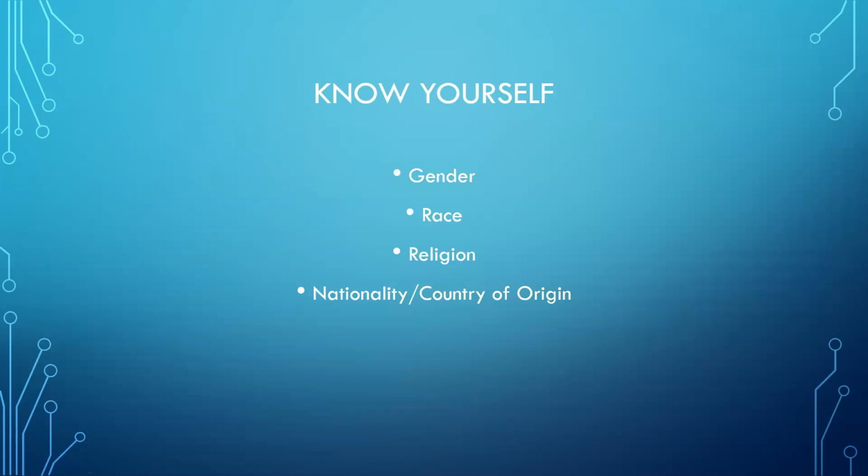When we talk about culture and look at these cultural traits, it's important to know a little about yourself before you jump into this. People define themselves in various ways, but if we're looking at cultural aspects, I think the big four are gender, race, religion, and nationality.